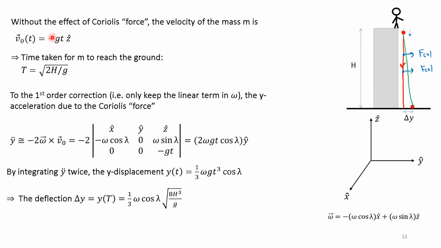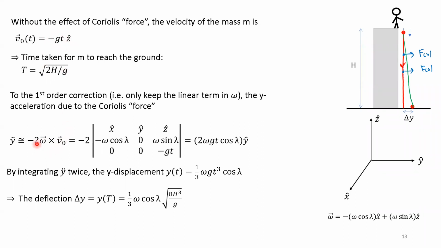And then from there, we know that this is not the correct trajectory, but we calculate the Coriolis force, the omega cross v term, based on it. So we calculate the Coriolis force based on a solution which is not exactly correct, but we know that this is already pretty close to the real trajectory.